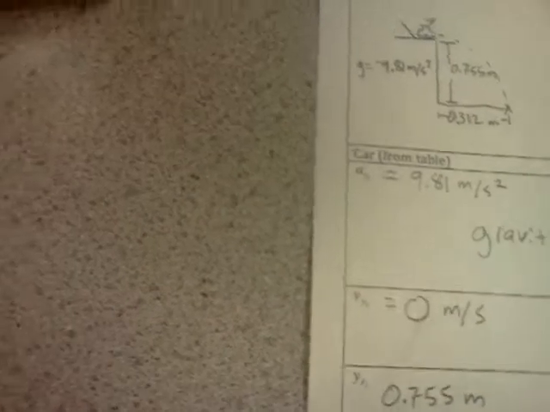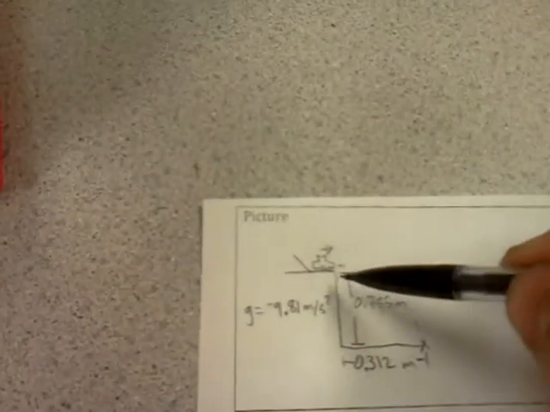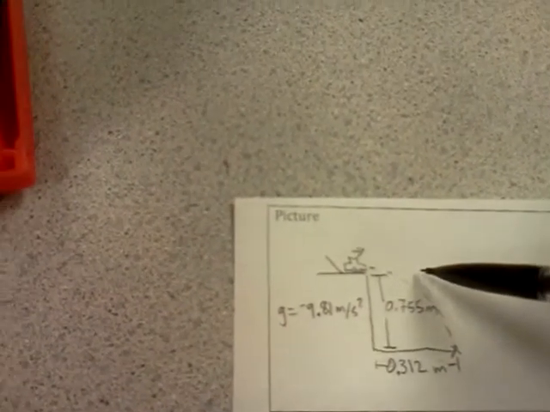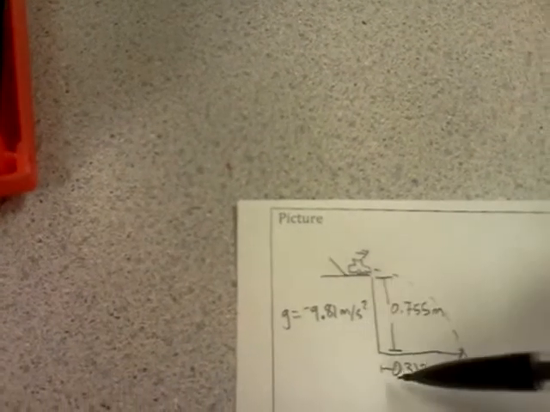Now what we want to do is figure out our acceleration in the X direction, our velocity in the X direction, and our initial X position. Two of those are easy. The first one, the acceleration in the X direction, is 0, because an object that goes off the table is not accelerating sideways; it's only accelerating downwards due to gravity.